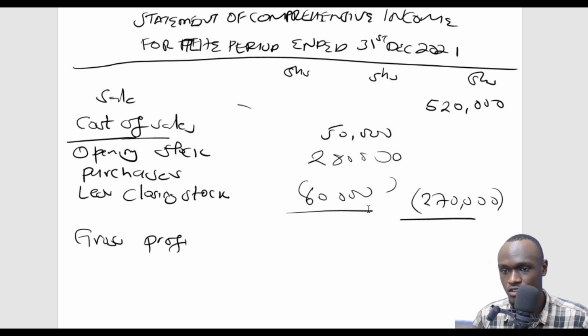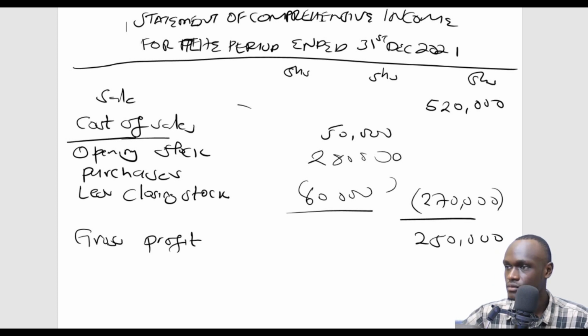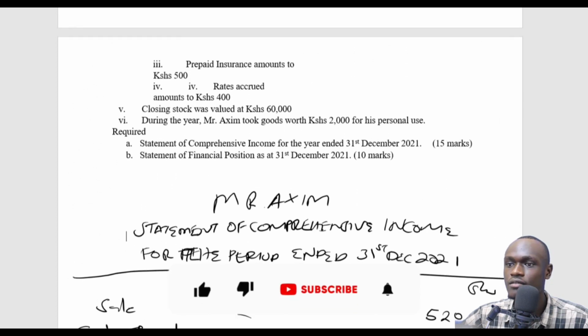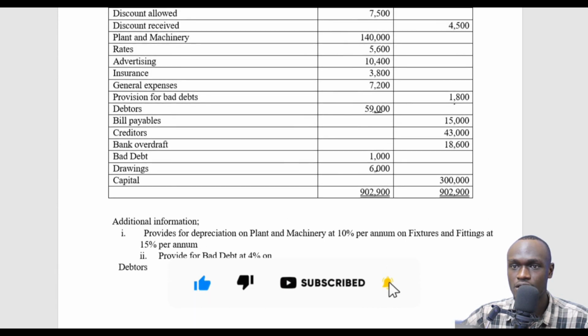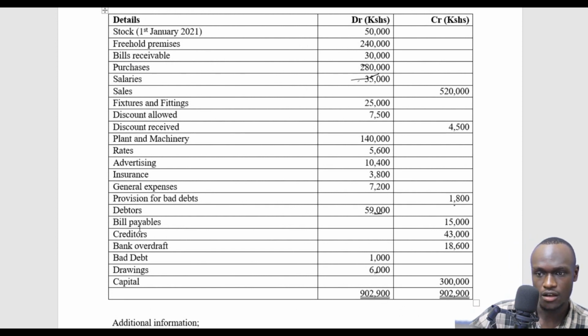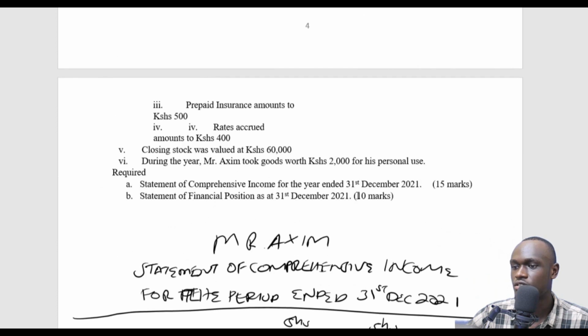Gross profit, 520 minus 270 will give us 250,000. So we look at the information so that we can see if we have other incomes and gains. You can see that we have discount received.